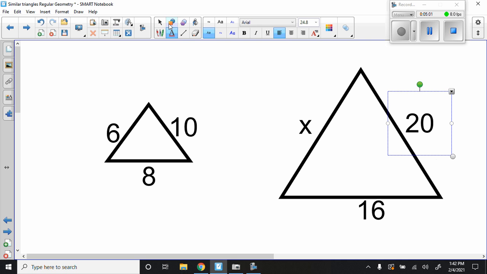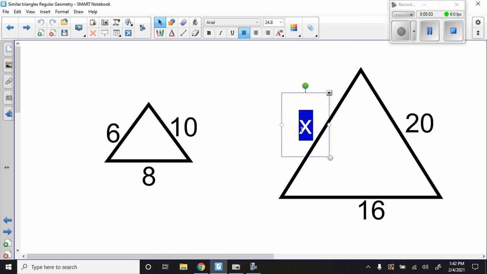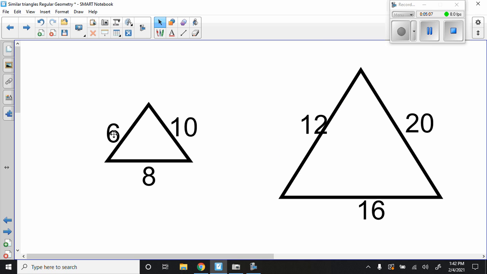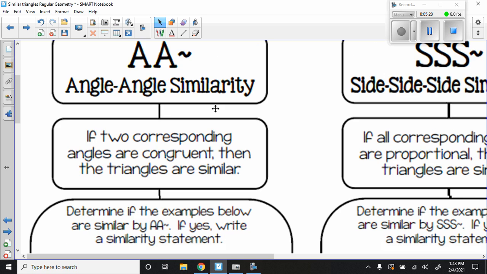So if each corresponding side has the same scale factor, 6 over 12 is 1/2. 10 over 20 is 1/2. And 8 over 16 is 1/2. If that scale factor is the same in all three sides, then it is similar by side, side, side.